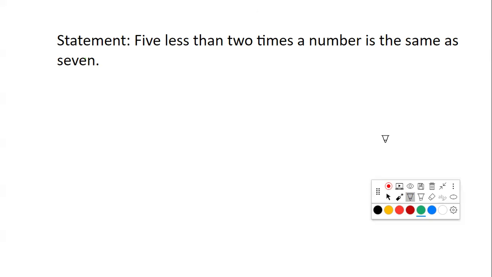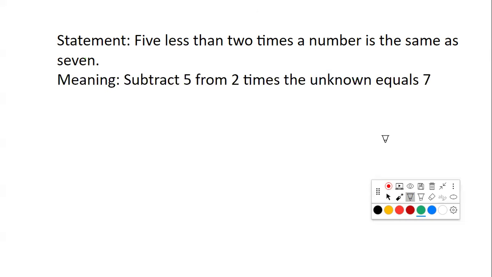Is same as is nothing but equality. Subtract 5 from 2 times the unknown and say it is equal to 7. So how do you write the equation? 2x minus 5 is equal to 7. So it is your ability to understand these English words and put them in the form of an equation.